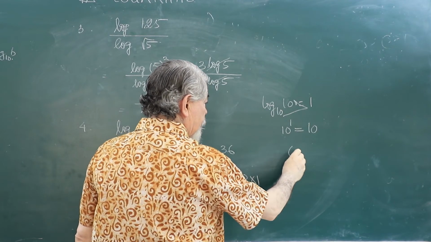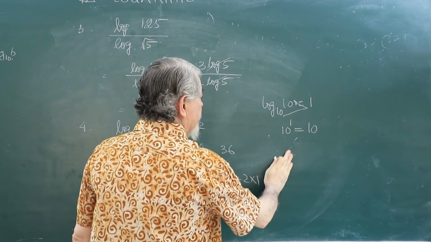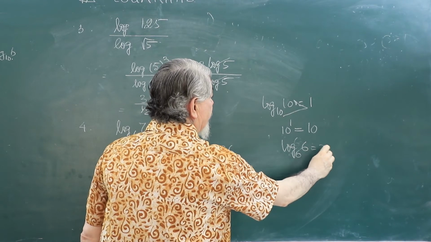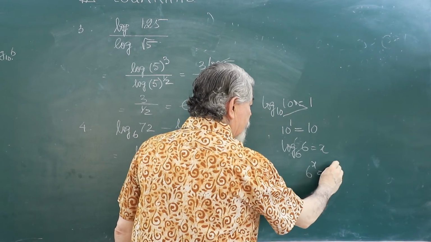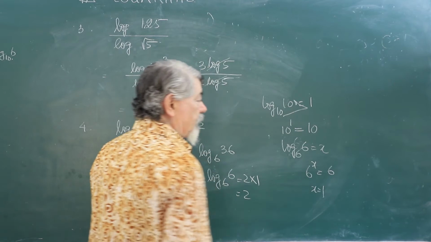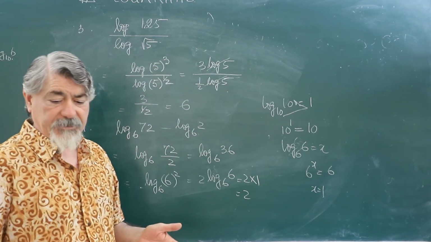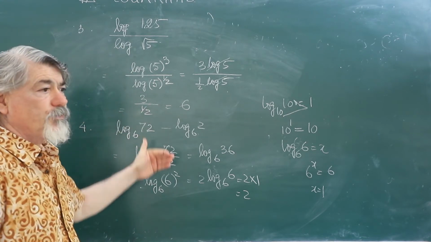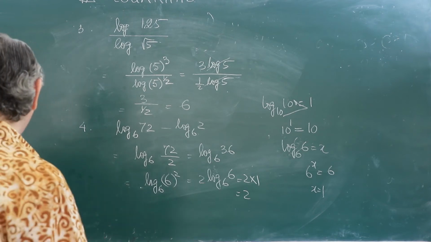Similarly, suppose log 6 to the base 6 is x. So 6 to the power x is equal to 6. That means x will be 1, because 6 raised to power 1 gives 6. So we are able to use the laws of logarithms which we have read just now.